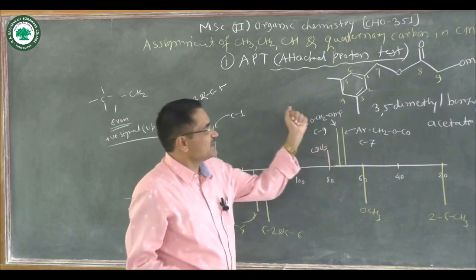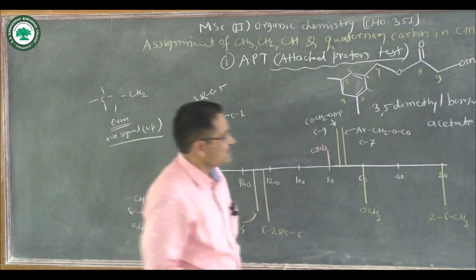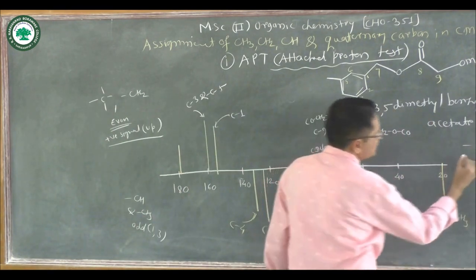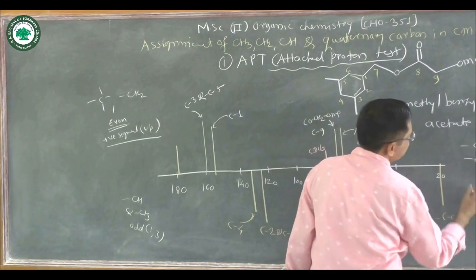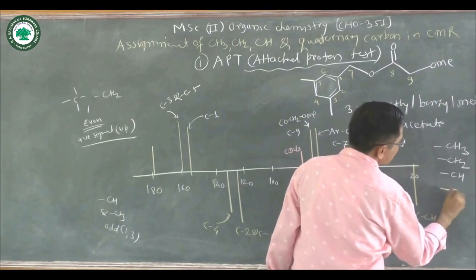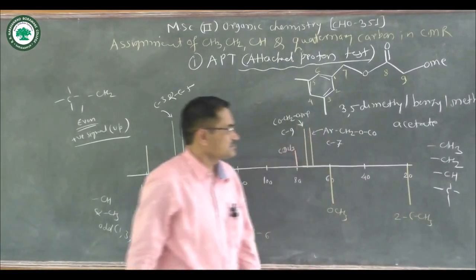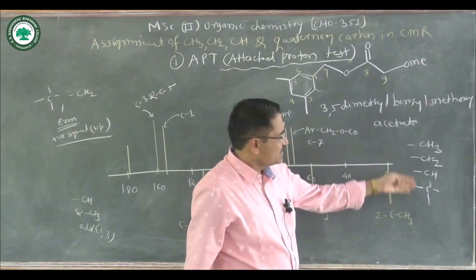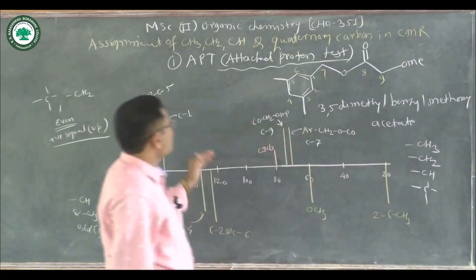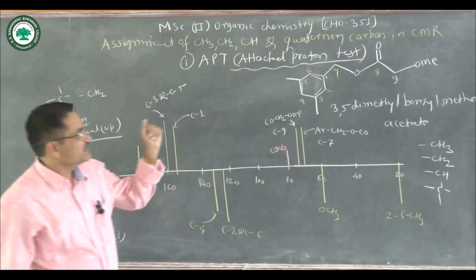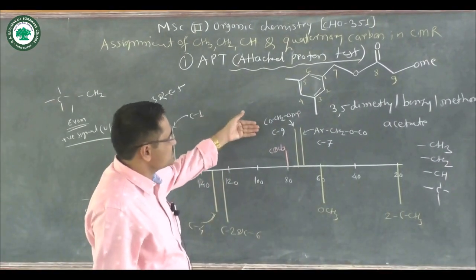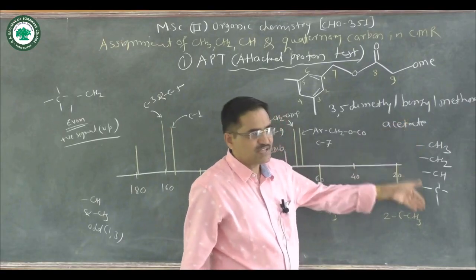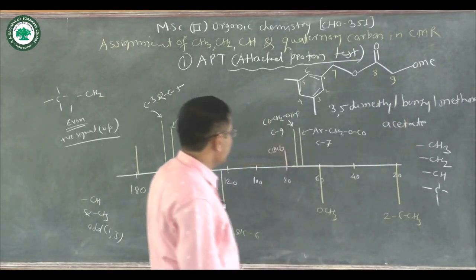Why do we choose this? Because in this compound CH3, CH2, CH and quaternary carbon are all present. With the help of APT, we distinguish between these CH3, CH2, CH as well as quaternary carbon.